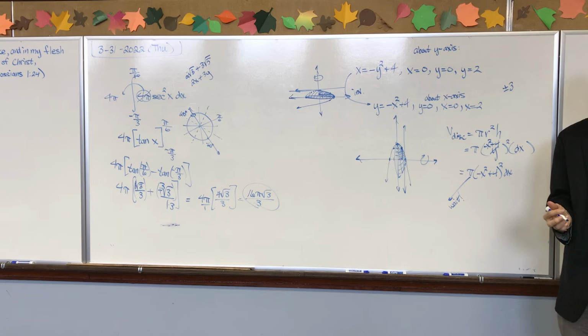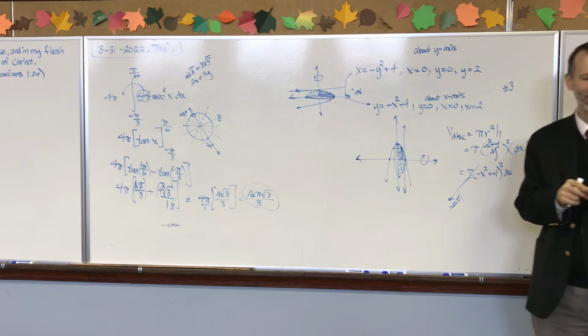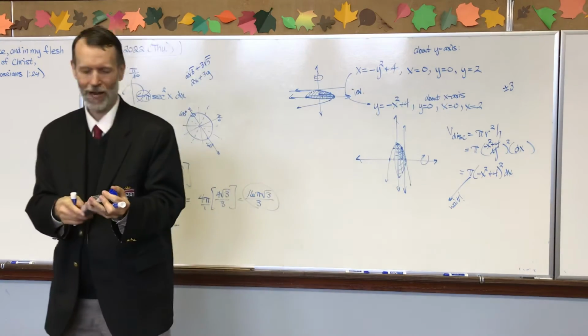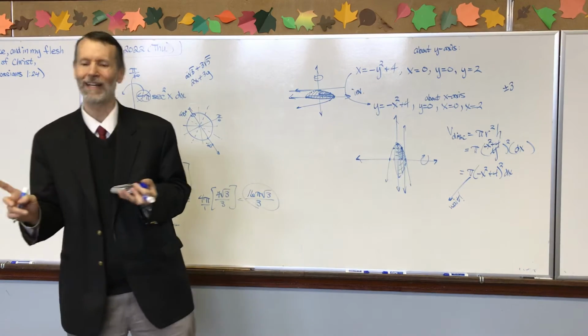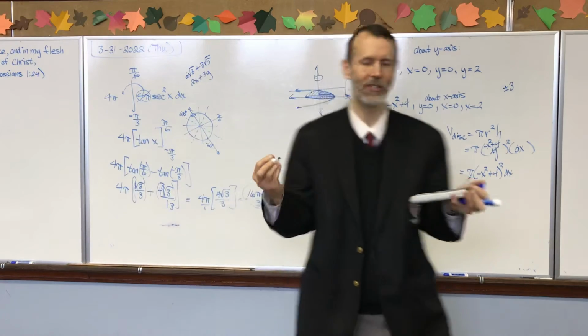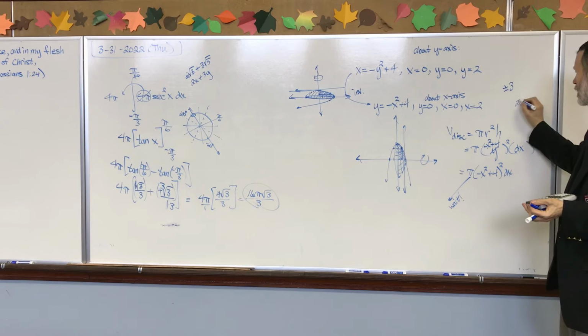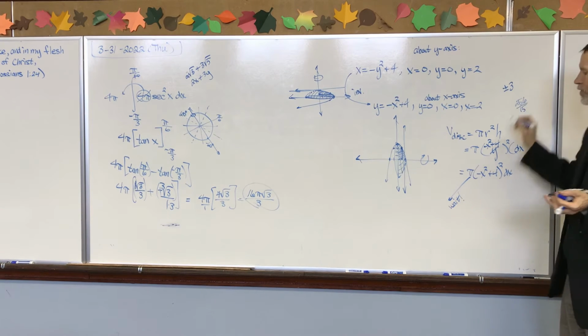What do you get? 256 over 15. Yeah, then we get 17.06666667. Hit convert to fraction. Without the pi, it converts to 256 over 15. We got 256 over 15. What's the final answer though?